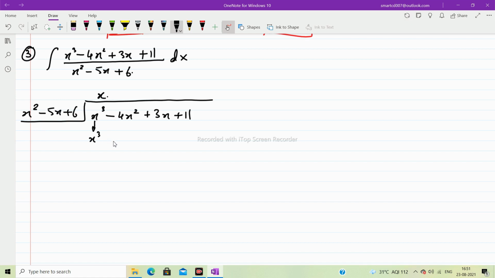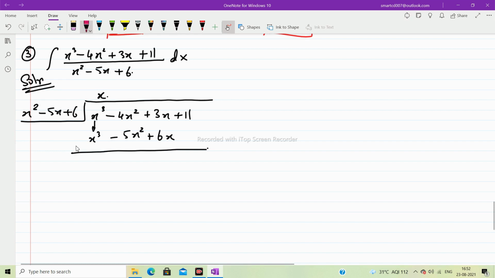So I'll have x cube minus 5x square plus 6x. Now what we'll do is we have to change the sign. So we'll do minus, minus. So this is plus and this is minus. This gets cancelled. So what is left is x square minus 3x plus 11.